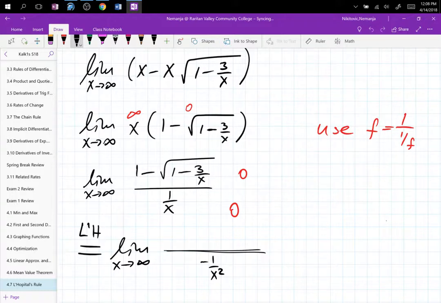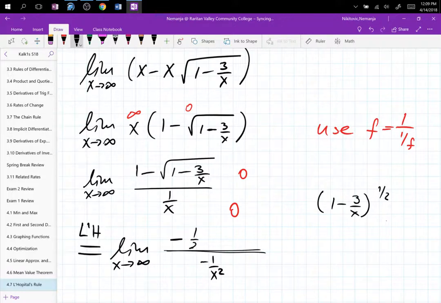Now the derivative of the numerator. Derivative of 1 is 0. So we copy the negative. And now we have a square root, which is parentheses to the 1/2, right? So technically we are taking the derivative of 1 minus 3 over x to the positive 1/2. So what do you have?